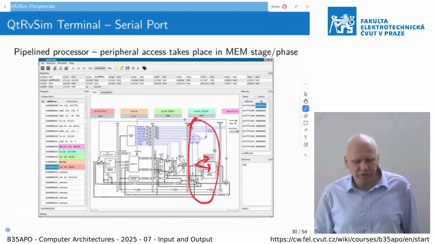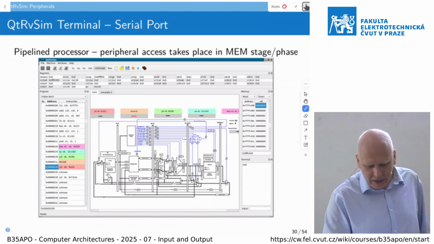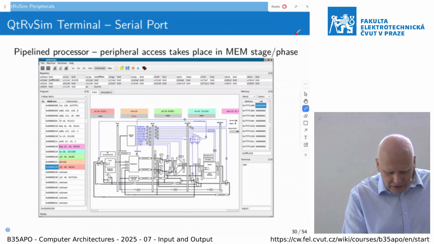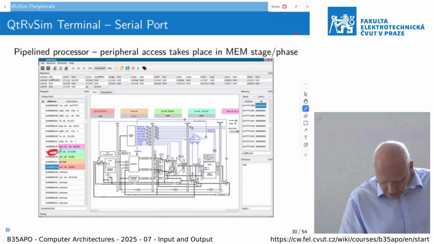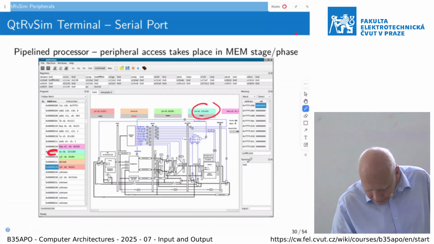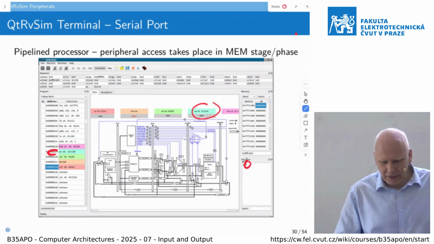So even for the pipeline version of the processor, it works exactly the same as for the non-pipeline version. Only you need to wait till the store word instruction, which is here, gets to the memory phase, and at that moment, the character appears on the terminal.